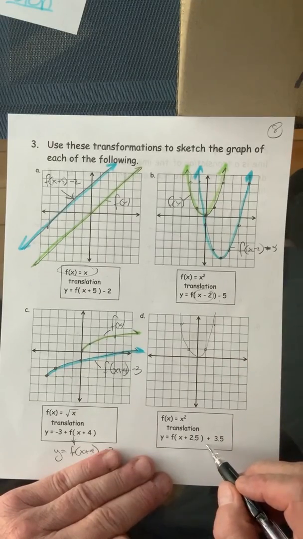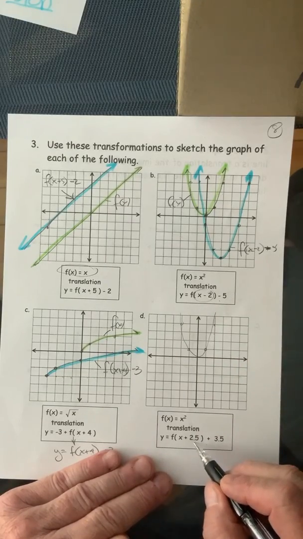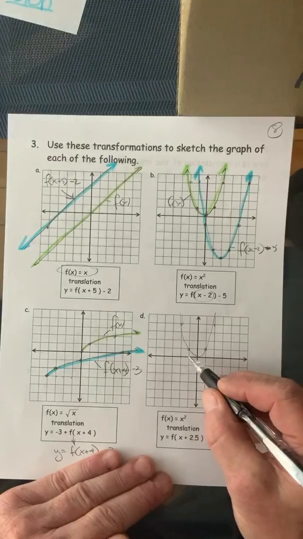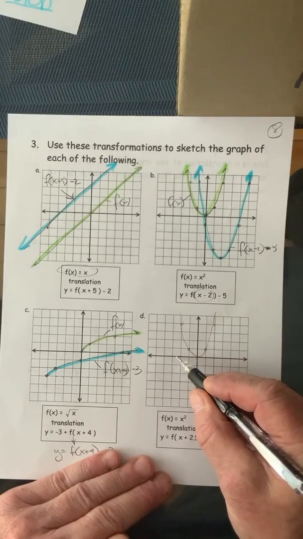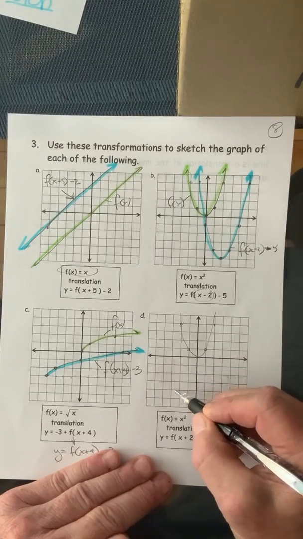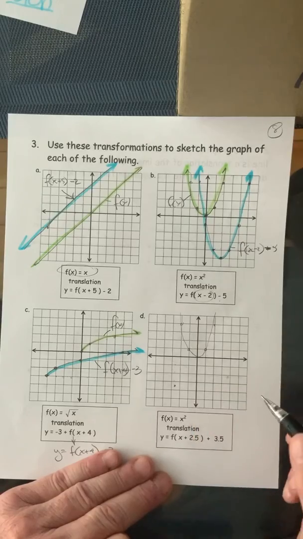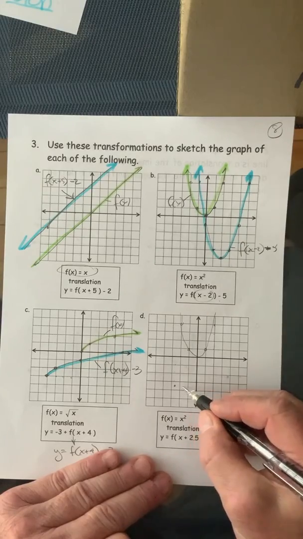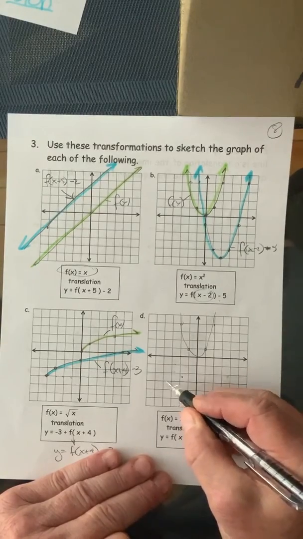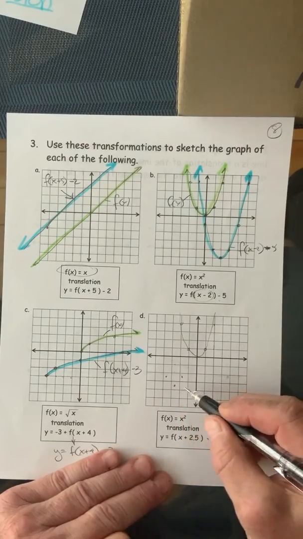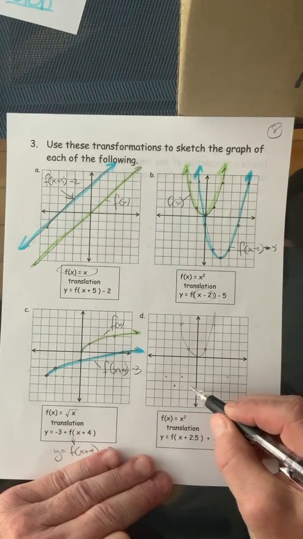This one, 2.5 to the left, down 3.5. Okay, so 1, 2 and a half, 1, 2, 3, 3 and a half. We go there. Over 1, up 1, over 1, up 1, over 2.